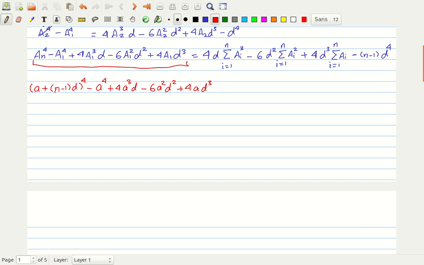And now we can expand this again using (a plus b) to the power 4. So this is going to be a to the power 4 plus 4 times a cube n minus 1 times d.